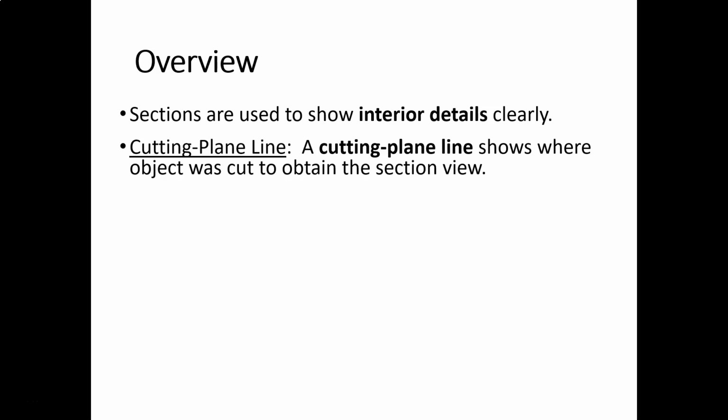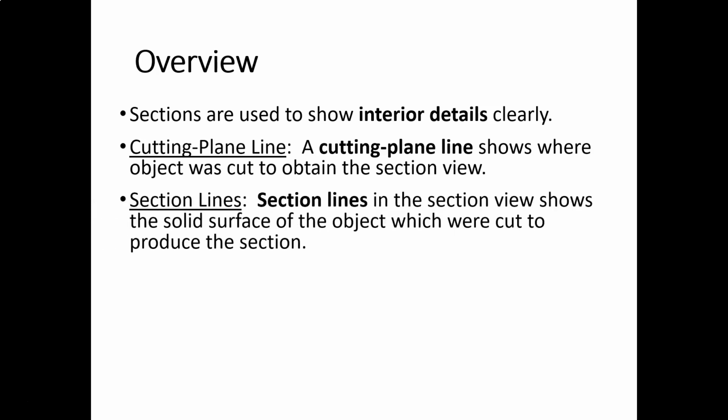One of the ingredients that we need with a section view is a cutting plane line, and the cutting plane line is going to show where the object is cut to make the section view. Once we cut the object, we're going to show the area that was cut by using section lines.